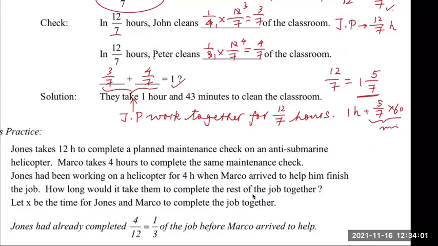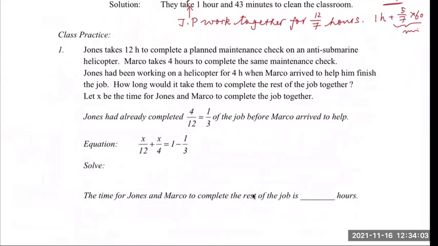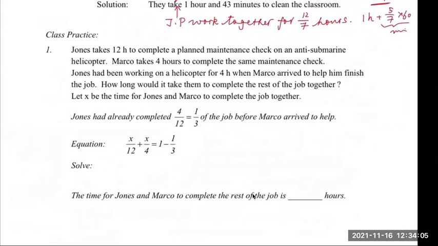Okay. So let's quickly go through this class practice together. It says Jones takes 12 hours to complete a plant maintenance check on an anti-submarine helicopter.